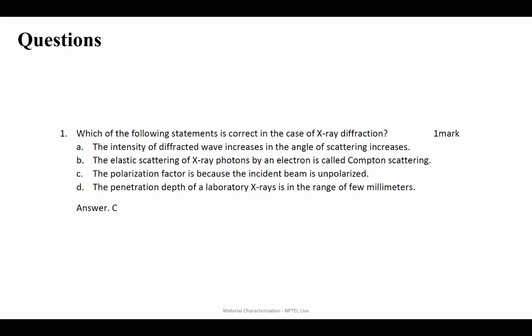Now let's say you have a very thin material which you are depositing on a substrate. Let's say you have a powder material and you put it on a glass slide and keep it in your X-ray.